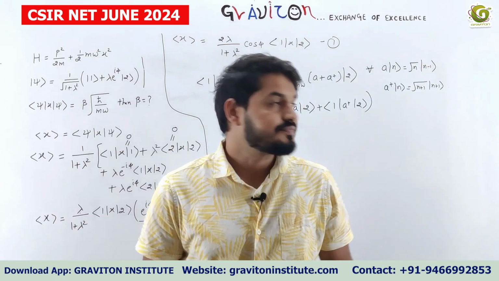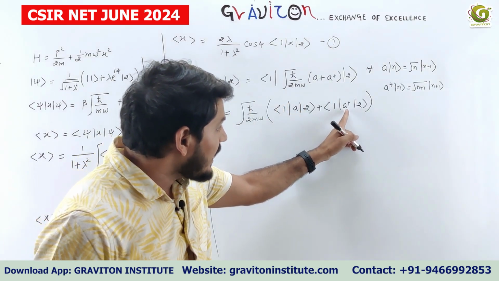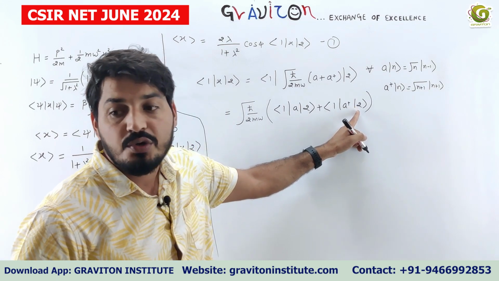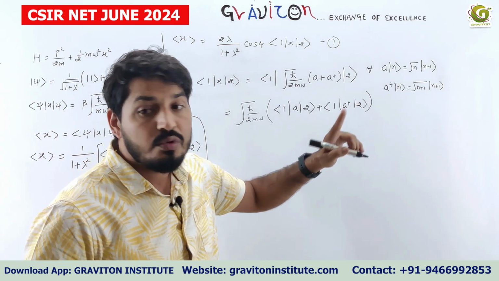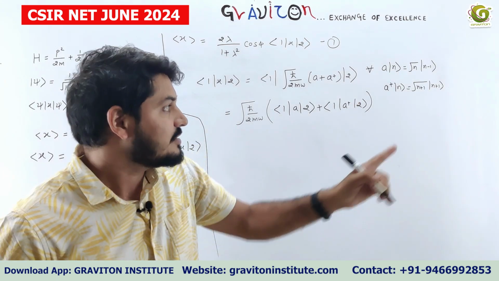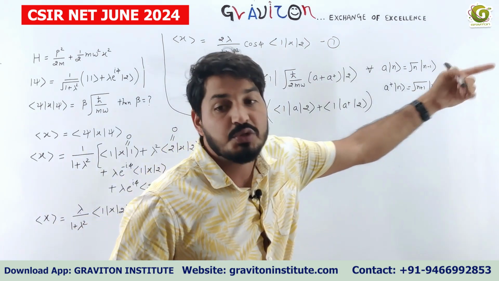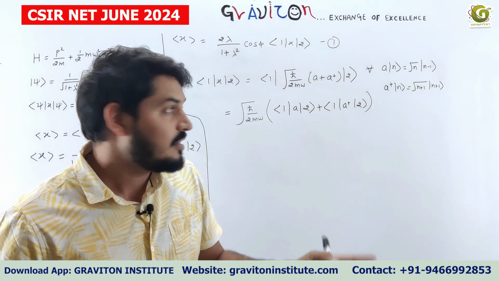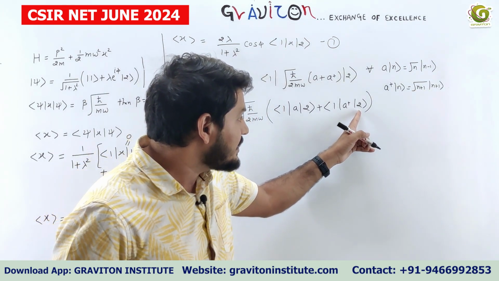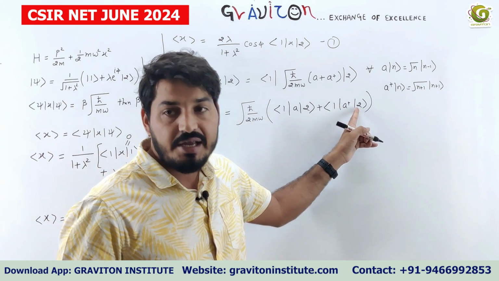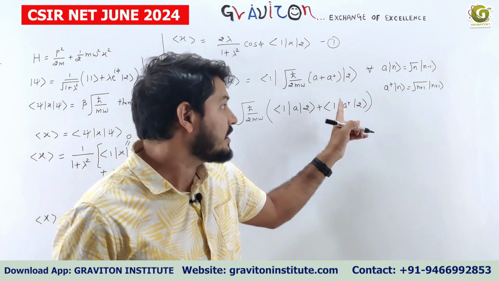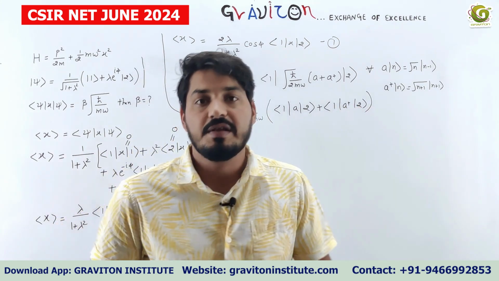Now see, when I operate a dagger on state 2, this will give you state 3. You see, n plus 1, next state. So this will give you state 3, and 1 with 3, I can apply the orthogonality relation. 1 with 3 is always 0.